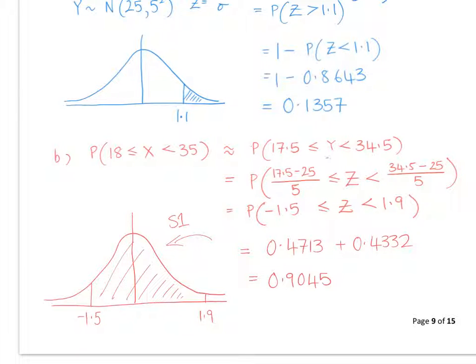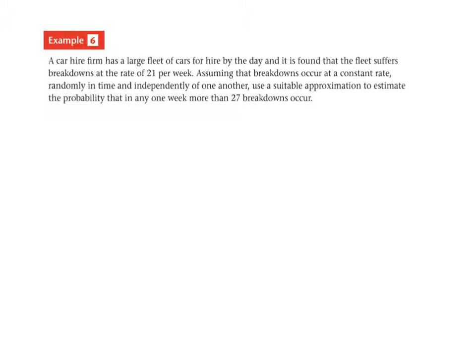Right, look at example 6 then, that's the next one. A car hire firm has a large fleet of cars for hire by the day. Now that says to me straight away, by the day, and it's a rate of 21 per week. It's found that the fleet suffers breakdowns at a rate of 21 per week.